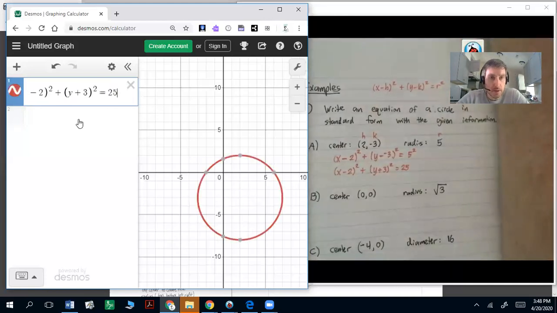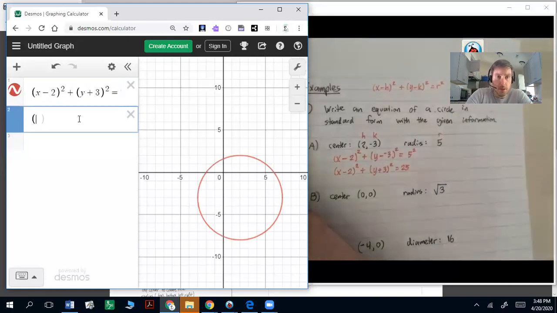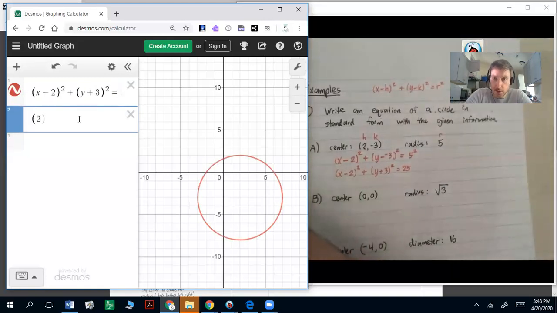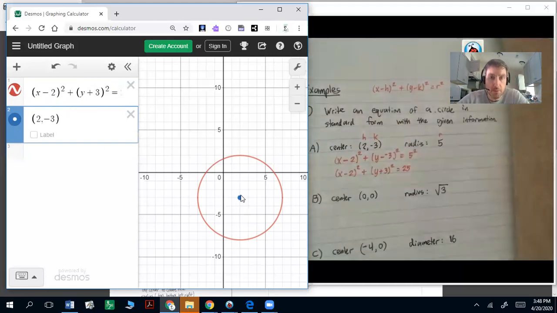And the center of the circle should be, if I do just a coordinate, 2, -3, right in the middle there. It appears like that it is.